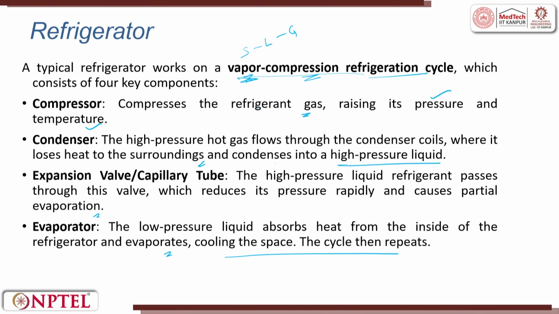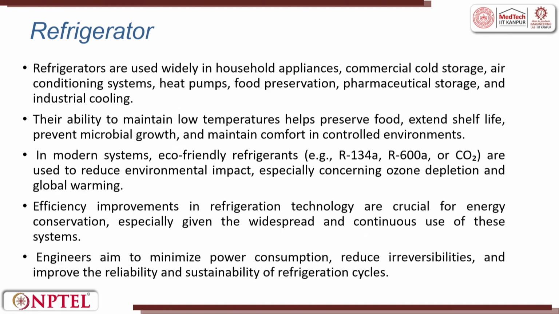The vapor which was there gets converted into a liquid. Now, that liquid refrigerant passes through a valve which reduces its pressure rapidly and causes partial evaporation. In the evaporator, the low pressure liquid absorbs heat from the inside of the refrigerator, cooling the space. The cycle then repeats. Right?